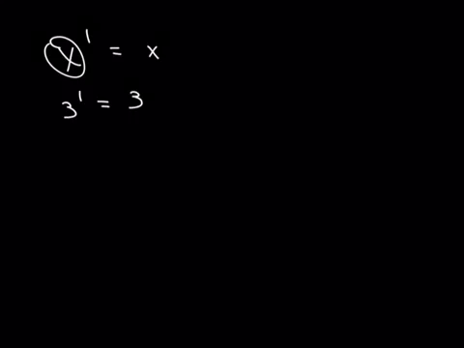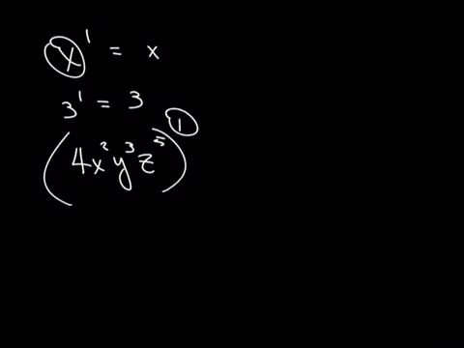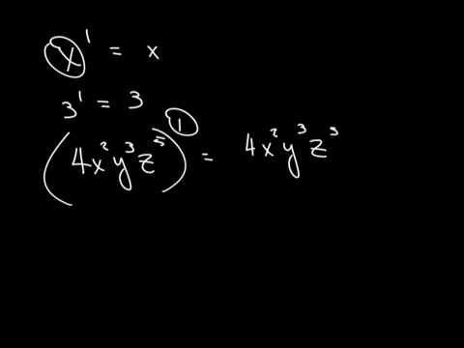If I have 4x squared y cubed z to the 5th, and that's all in parentheses, and there's a 1 there, since the 1 is the outermost exponent, my answer then will be whatever is in the parentheses. Okay? It just means it's itself.